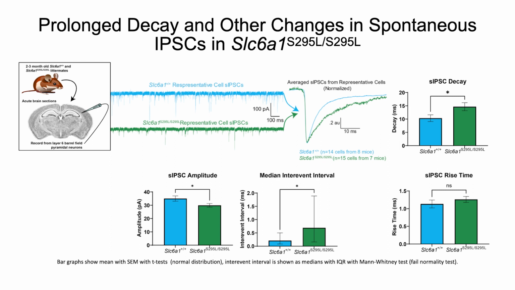I also saw a small decrease in amplitude of events, and I saw a decrease in frequency, an increase in inter-event interval, which kind of matches the decreased frequency of events seen in the GAT1 knockout in miniature iPSCs. It's a little different, this is spontaneous and that was miniature, but it does match.